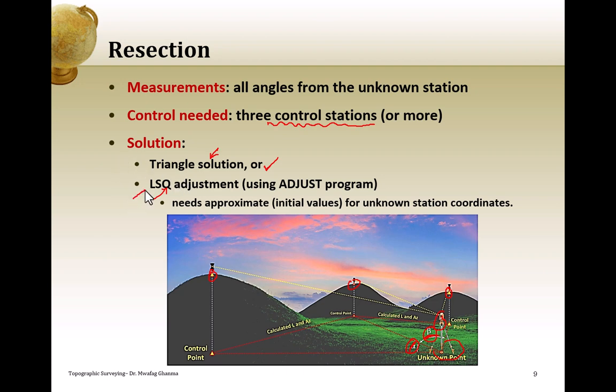But when you are doing the least square, as we said, the least square is the best method, giving the best results from the available measurements. But the disadvantage is that we have to come up with the initial values of the unknown point P, easting and northing.